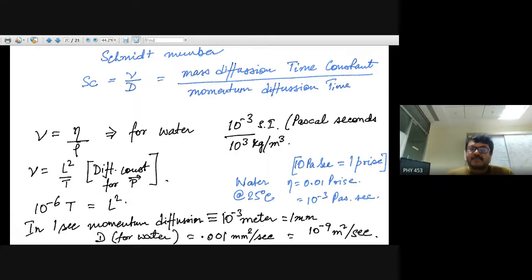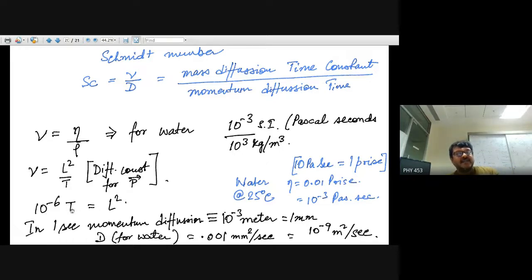And so you can see that in 1 second, the momentum diffusion, so I said this is a coefficient for momentum diffusion, will have values of 10 to the power minus 6. And if you write down nu t, so this is what I've done, nu is 10 to the power minus 6 into t equal to L square.